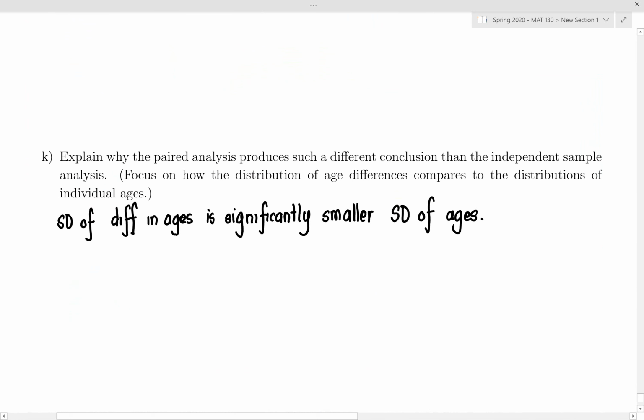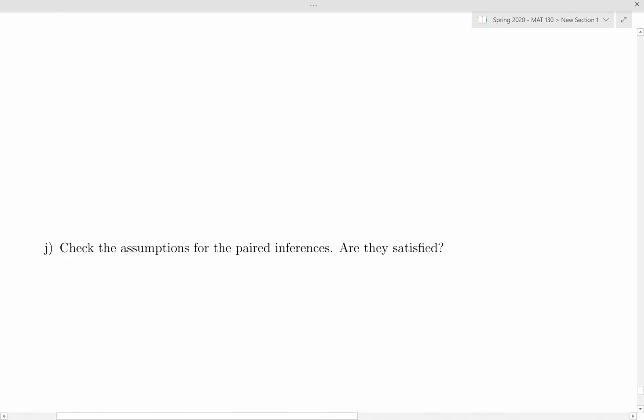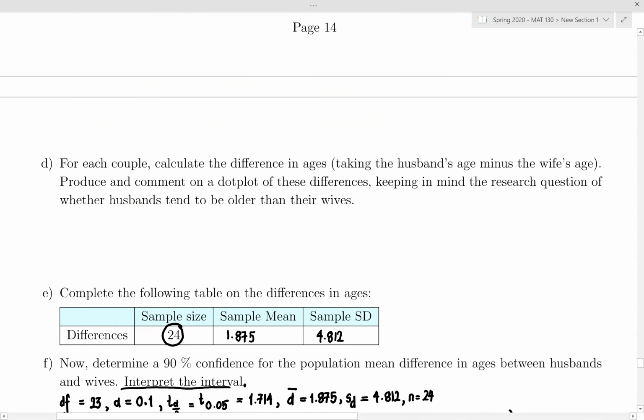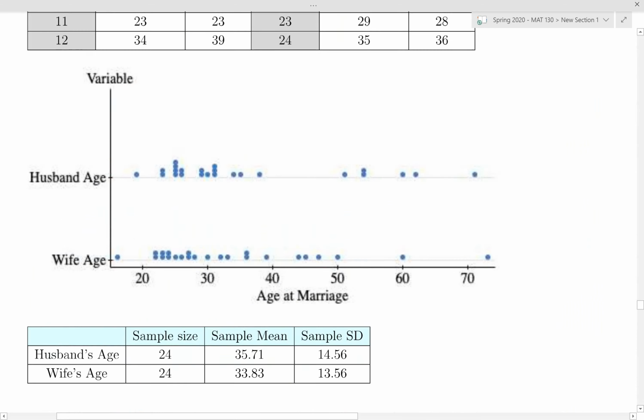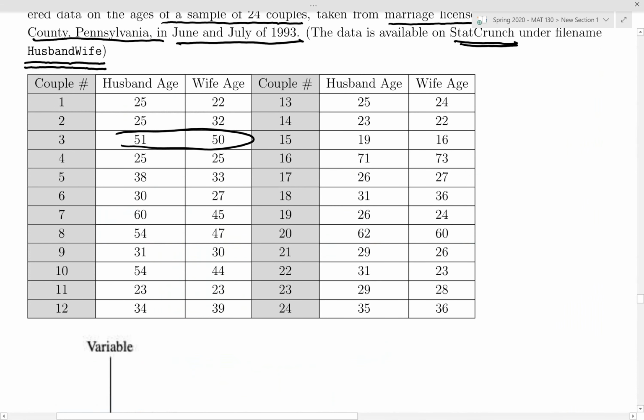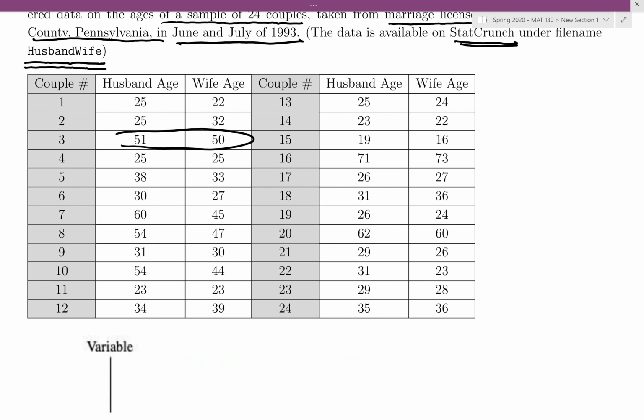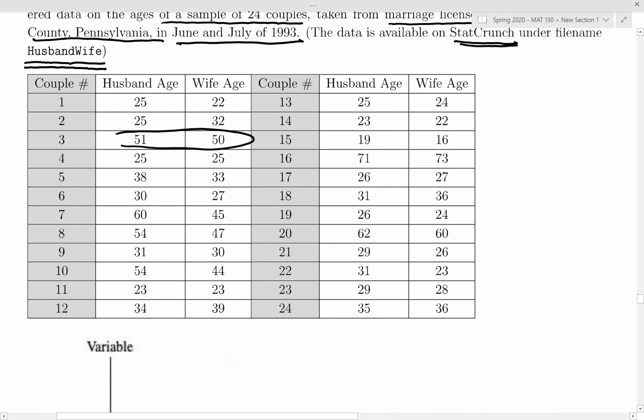When we think in terms of independent sample as opposed to paired analysis, the standard deviation of difference in ages, right? So husbands and wives, you might look at the data. Again, I apologize for scrolling back and forth here, but this data here, if we're looking at the standard deviation for the differences are generally small numbers. So the standard deviation is not going to vary that much as opposed to the standard deviation of ages, because you have a husband age 25 here and you have a husband age 71.